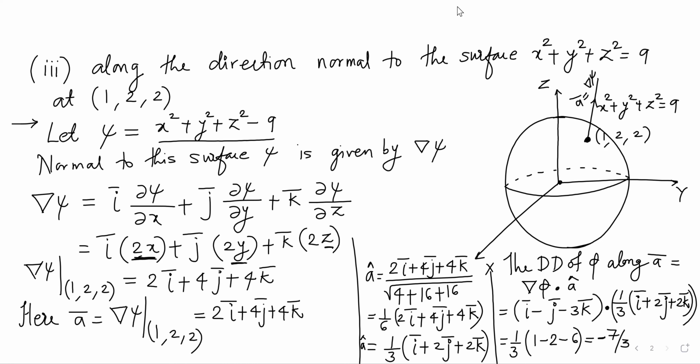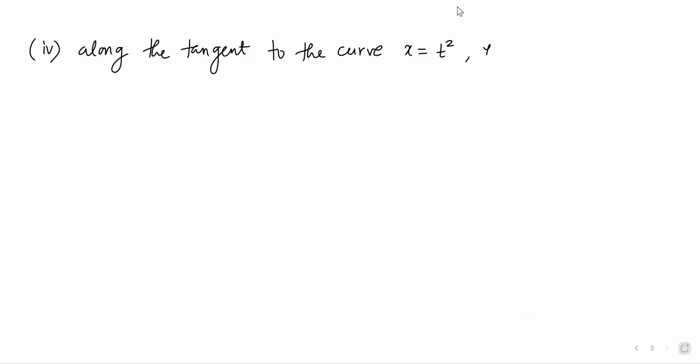So now the next is the fourth type of variety. The fourth one: along the tangent to the curve x is equal to t square, y is equal to t cube plus 1, z is equal to t plus 5 at t equal to 1.